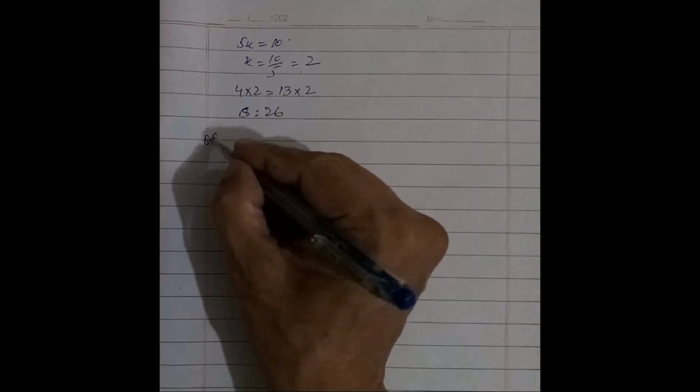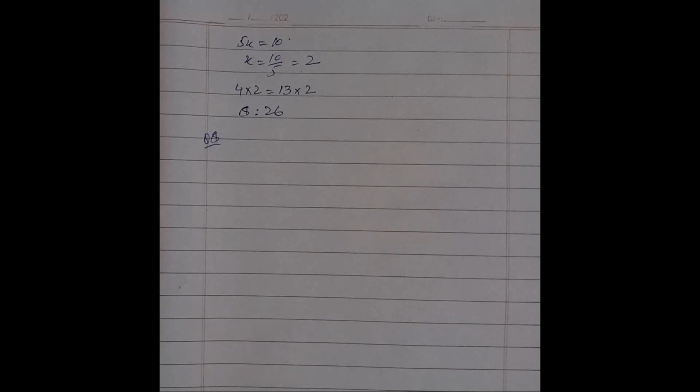Next question, which is 8: find the cost of 8 kg of mango if 5 kg of mango costs 225. The 8th question is find the cost of 8 kg mango if 5 kg mango costs 225.